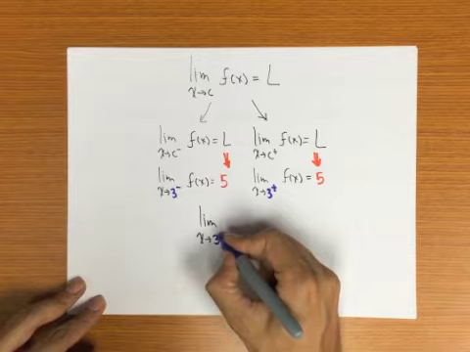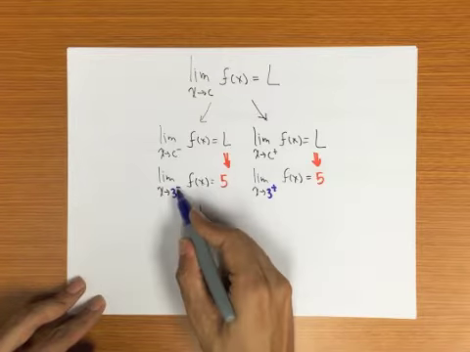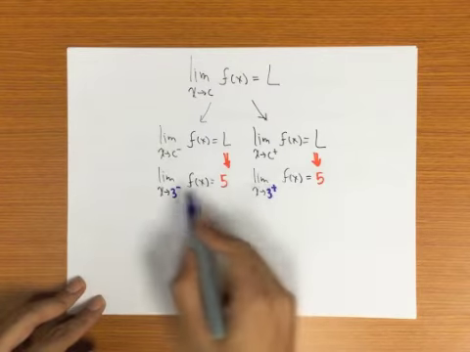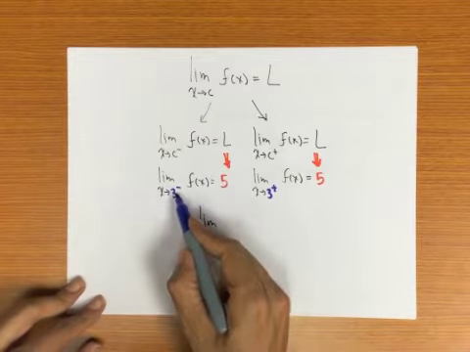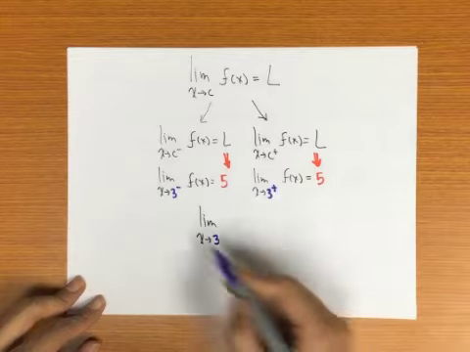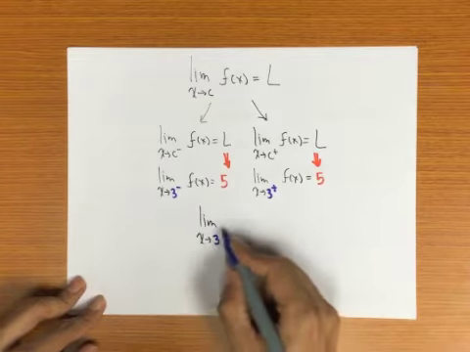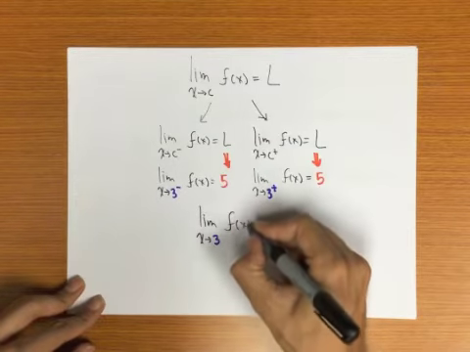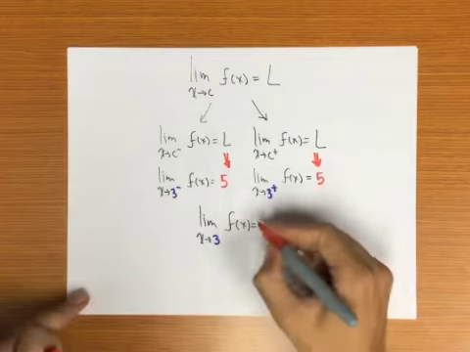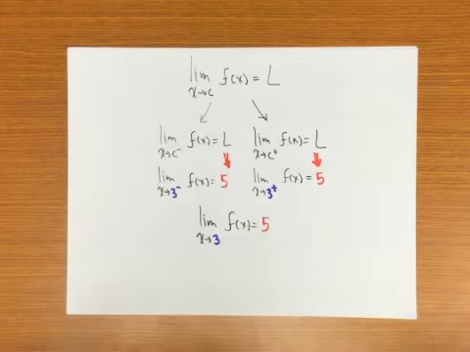then we will say that the limit when x approaches 3, the general 3, so look at this one, we don't have anything here. These signs are only used to identify if we are talking about the left side or about the right side. The general limit of the function, the limit when x approaches 3 of f of x will be equal to 5. So we have a general limit.